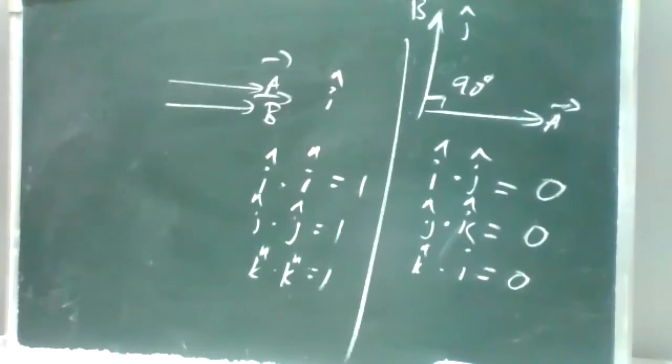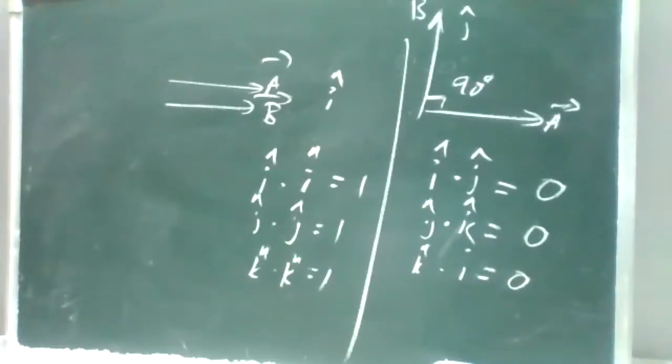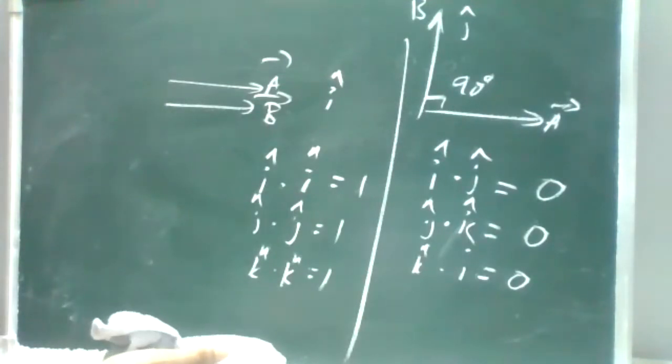Now, next point. Scalar product of two vectors. The scalar product of two vectors is equal to the sum of the product of their corresponding rectangular components.